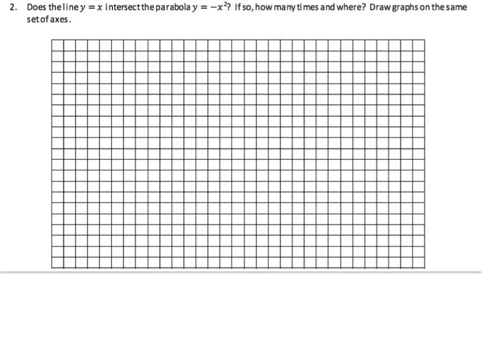y equals negative x squared? First I'm drawing my x and y axis a little bit thicker because this graph is pretty thick. y equals negative x squared. Let me change my pen again. First let's do our line y equals x.